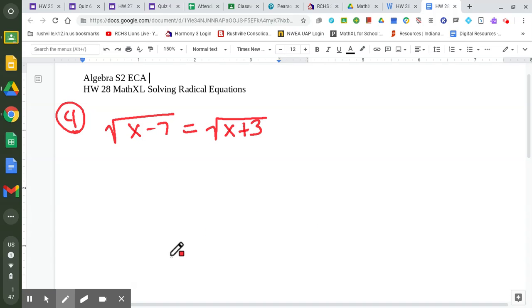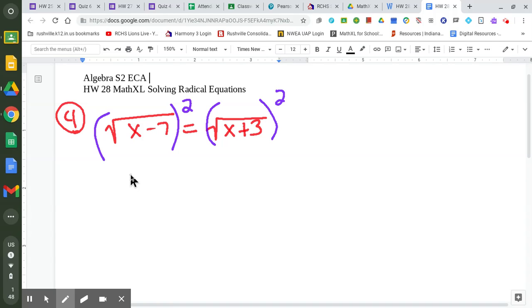So with number 4, I do have a radical on each side of the equal sign, and they're completely isolated. So I will square both sides of the equal sign.